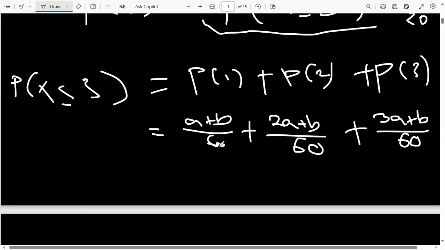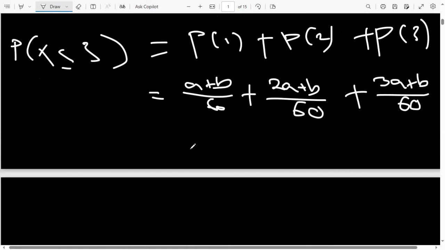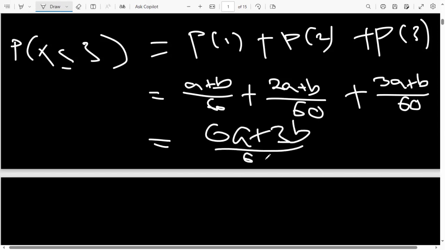So since the denominator here is the same, I can add whatever is on top. When I add a plus 2a plus 3a, I'm going to get 6a plus 3b, and this should be over 60. And then here, what did we say we had? We had 13 over 20.